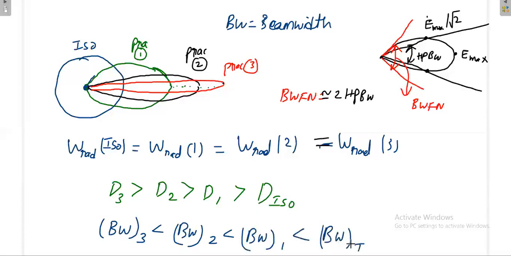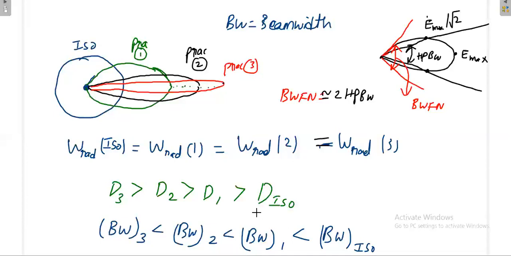The isotropic antenna has a large beam width. So from these two relations, if you have more directivity, then it will have less beam width. If it has less directivity, then it will have more beam width.